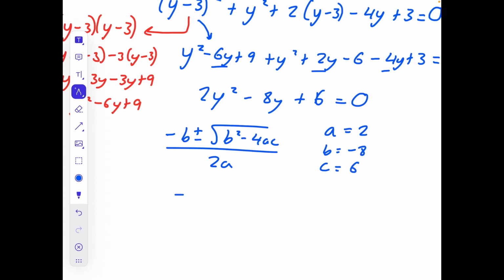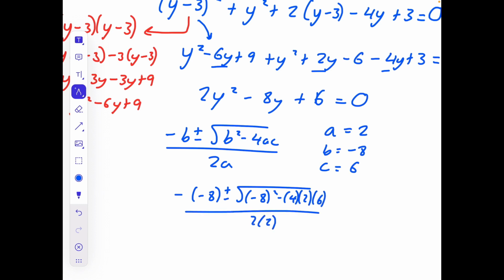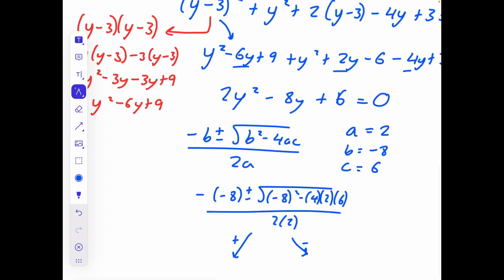Okay, I'm going to fire that into my formula, so it's going to be minus 8 plus or minus square root of minus 8 squared. Okay, now I put this all straight into my calculator, obviously with the plus first, and then I change the plus to a minus. Just very careful here.